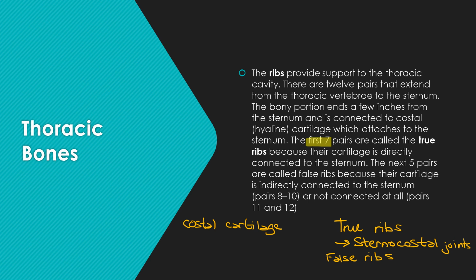Now the 11th and 12th pairs of ribs are false ribs that actually have their own specific designated name, they are called floating ribs. So this is the 11th and 12th ribs, because they don't really attach directly or indirectly to the sternum at all.